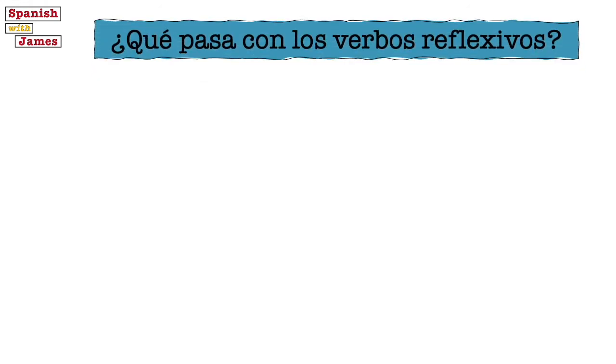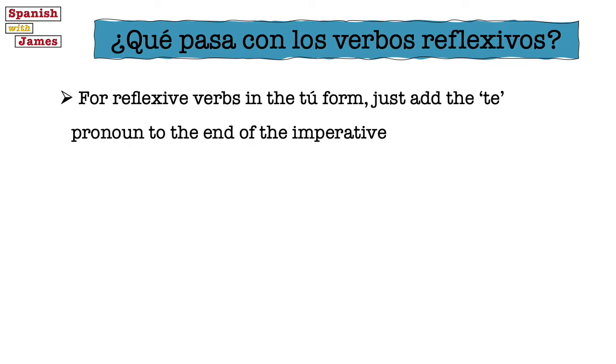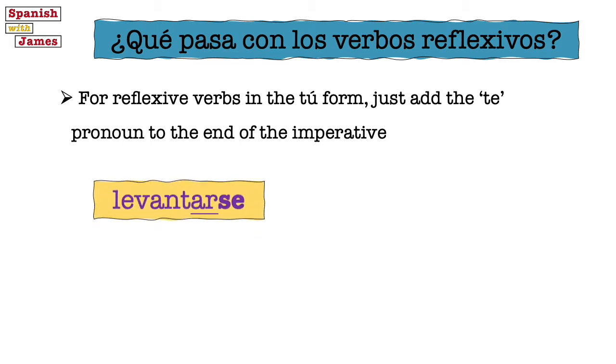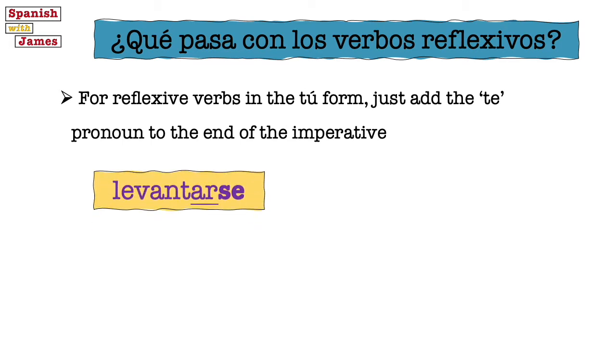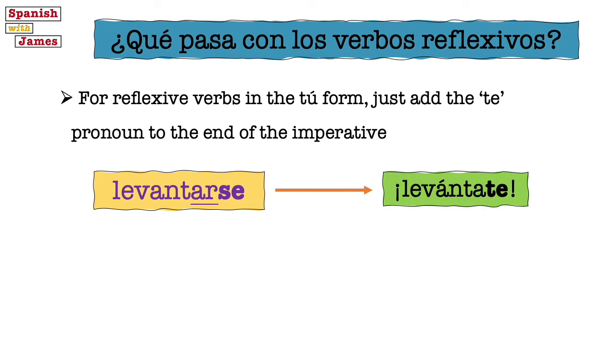¿Qué pasa con los verbos reflexivos? What happens with reflexive verbs? Now that's a good question. For reflexive verbs in the tú form, all you have to do is add the te pronoun to the end of the imperative. So for example, tú te levantas, you get up. If we take the verb levantarse, to get up or to get oneself up, what we need to do is take levantar, make it become levanta, and then add the te, and it becomes levántate.